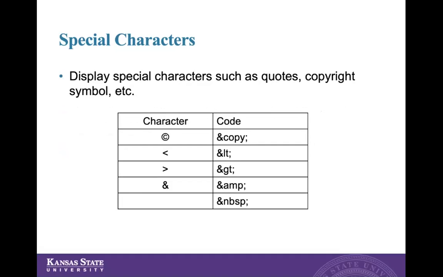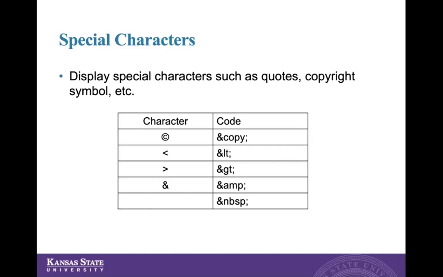Okay, so for example, if we want the copyright symbol there, usually on the keyboard you would just type, I forget which, is it like Alt C or something like that. When we're doing HTML code, we can't do it directly like that into our code.